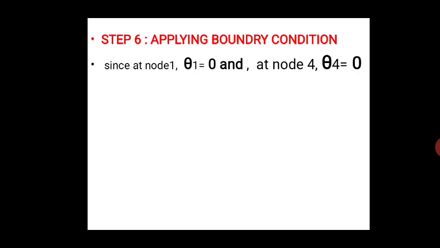The same condition applies to the right end node, node 4. It is also completely constrained, with no angular rotation. Due to these boundary conditions, we write theta 1 is equal to 0 and theta 4 is equal to 0.